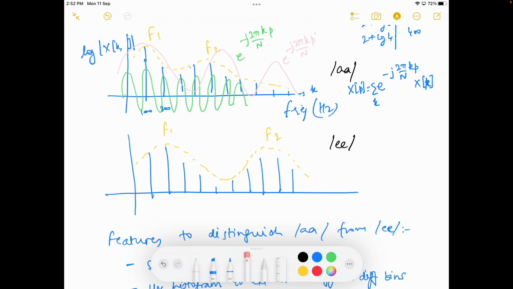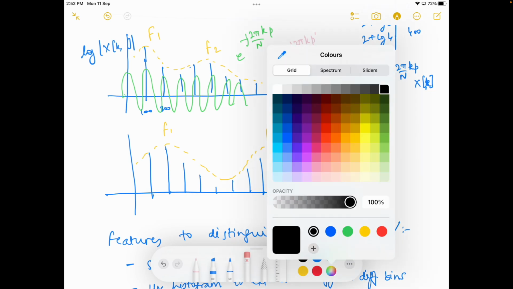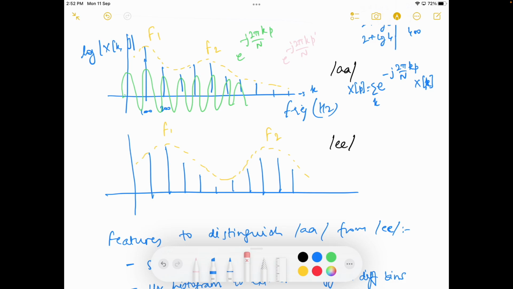I get a peak here also, right? Because this frequency matches the yellow frequency. So this is P dash.